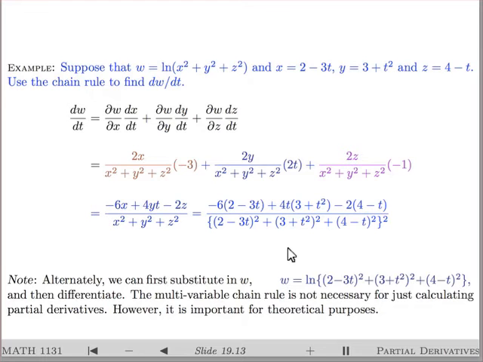So in a sense, the multivariable chain rule is not really necessary for calculation, because when we do partial derivatives using techniques of chapter 11 and 12, this is kind of built into that. In some sense, multivariable chain rule is equivalent to the rules of differentiation we saw in chapters 11 and 12, or several of them.